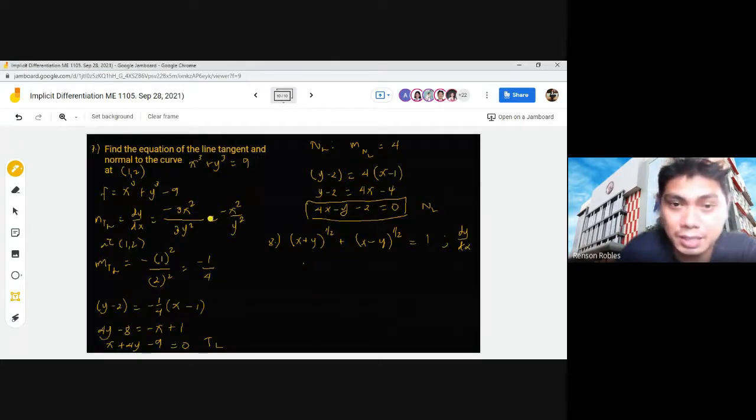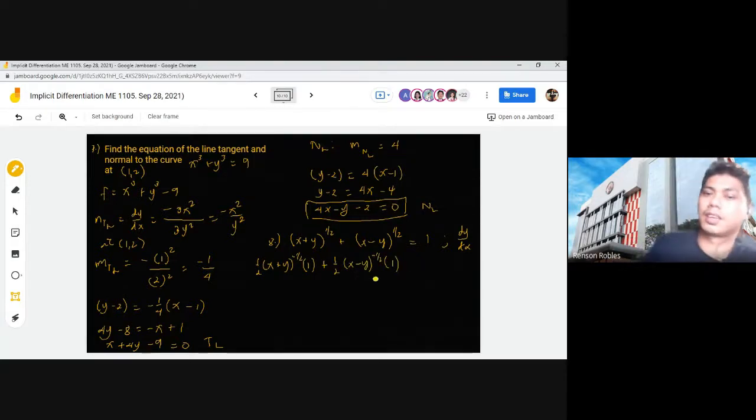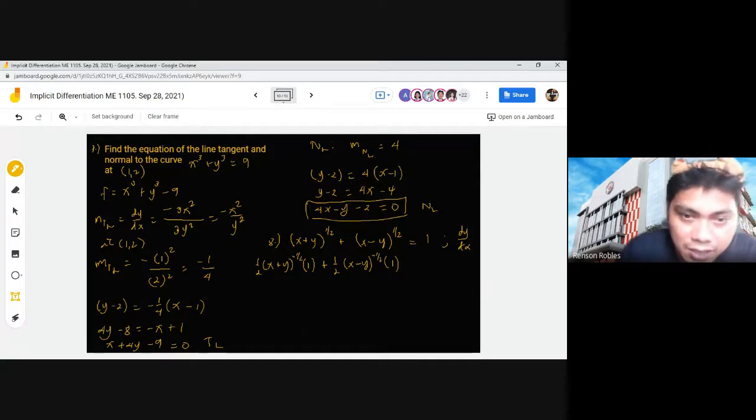In terms of x, you have 1/2 (x plus y) raised to negative 1/2 times, in terms of x, 1, plus 1/2 (x minus y) raised to negative 1/2, in terms of x, 1. Then plus dy/dx.